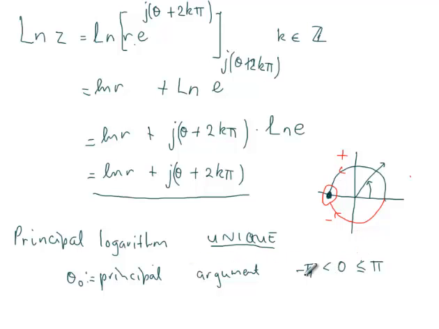So once you've got the principal argument as your theta 0 there, then what can you do now? You can take your z, write it as r e to the j theta 0.